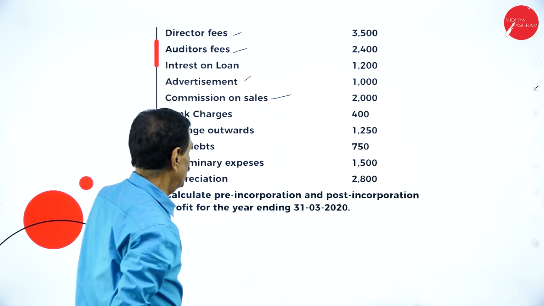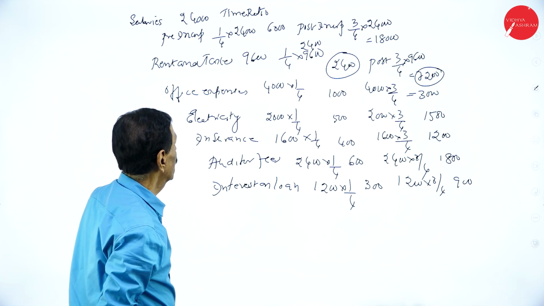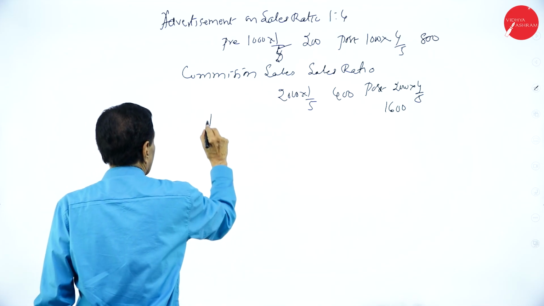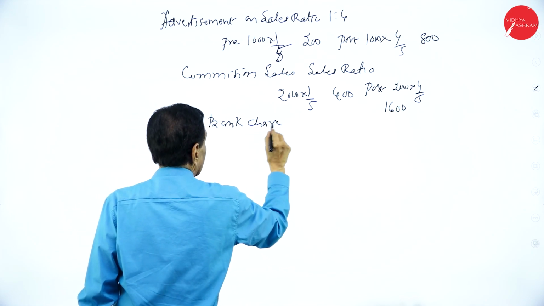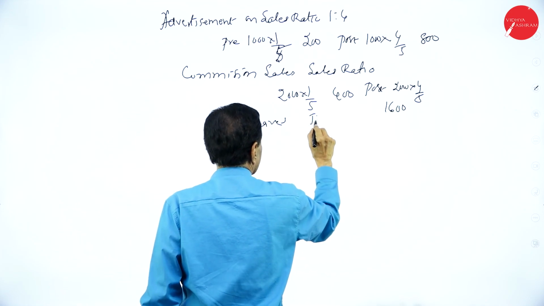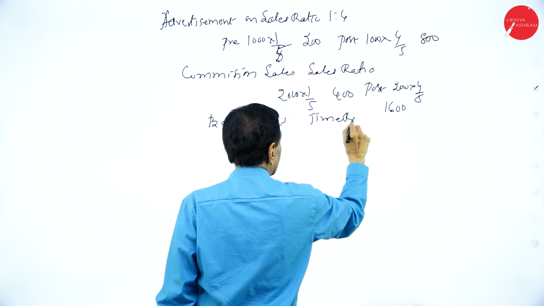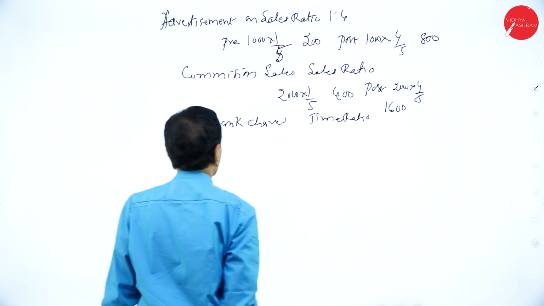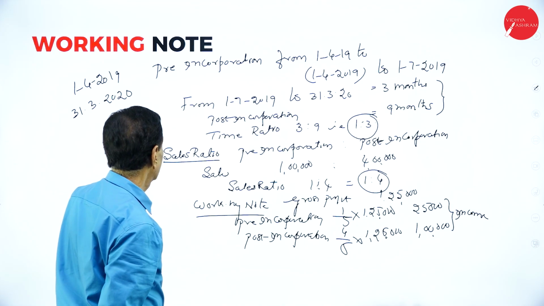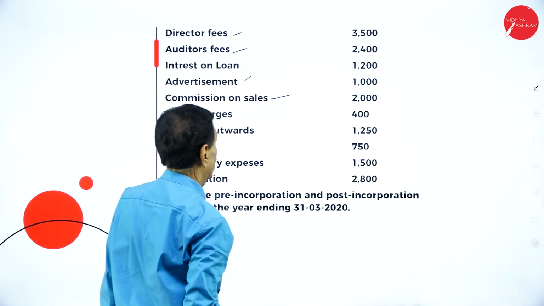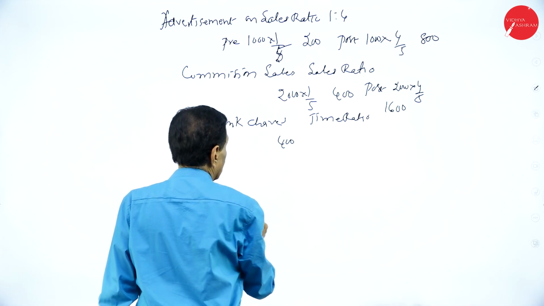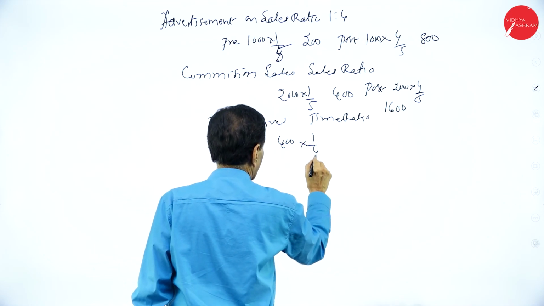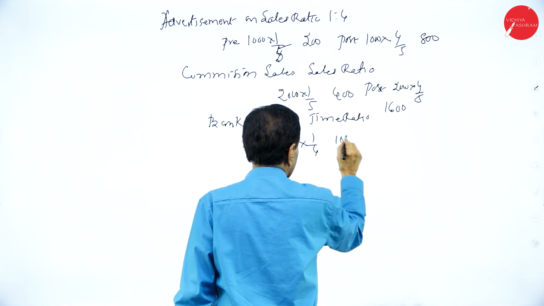Then bank charges, time ratio. What is your bank charges? 400 into 1 by 4, 100 rupees.